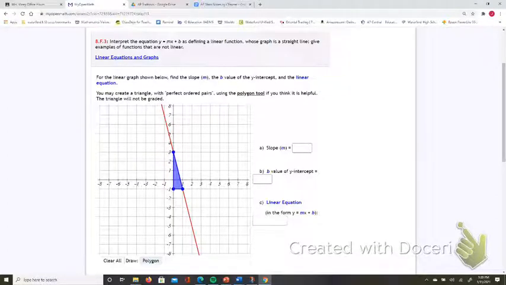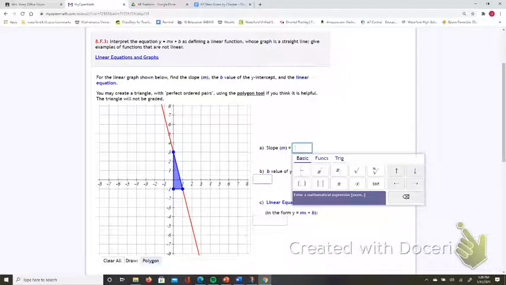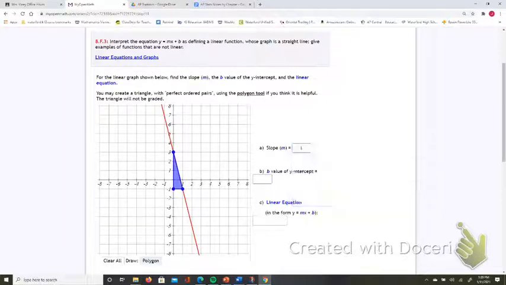And I make my slope triangle. Now, I went down 1, 2, 3, 4, and right 1. So down 4, right 1 is negative 4 over 1, but negative 4 over 1 is the same as negative 4. So I can put negative 4 over 1, or I can just put negative 4.